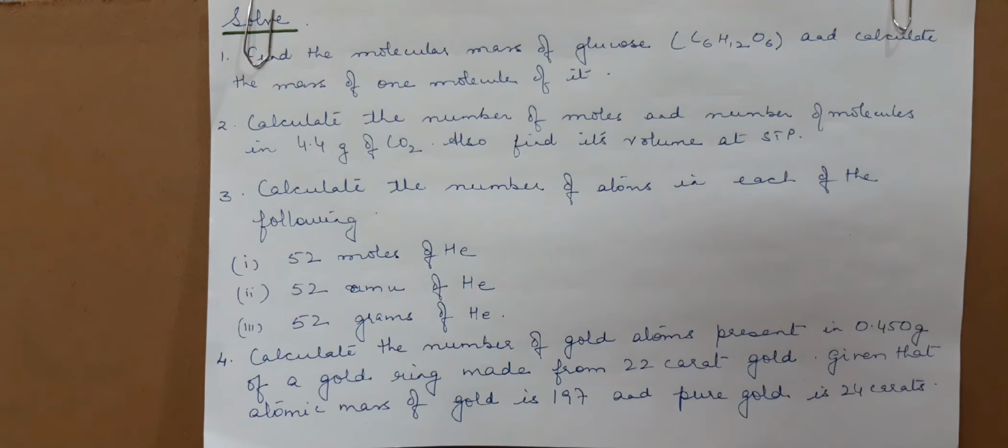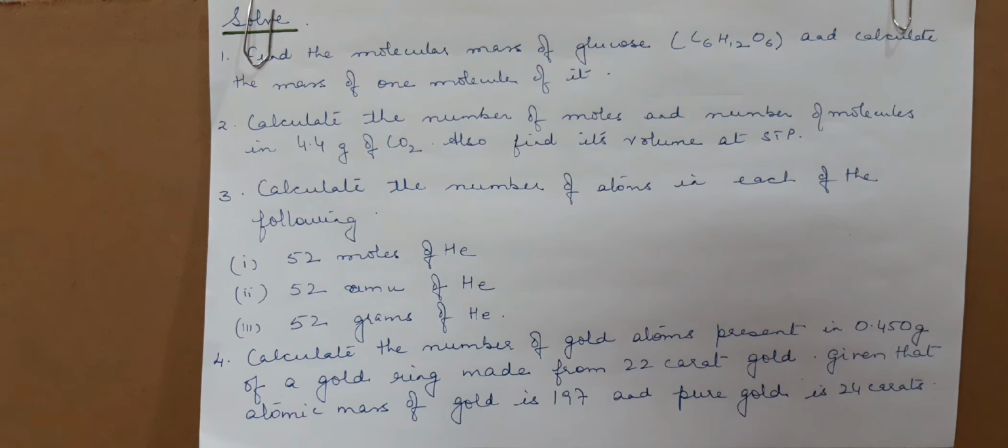Given that atomic mass of gold is 197 and pure gold is 24 carats.